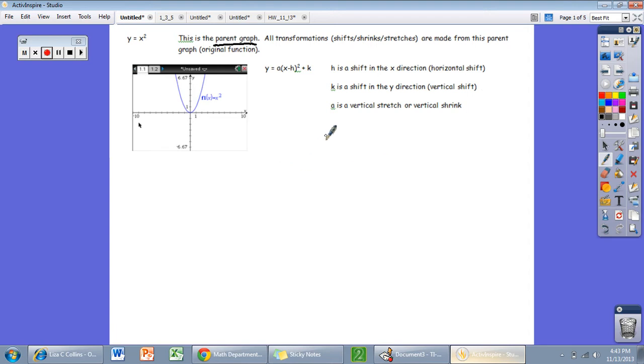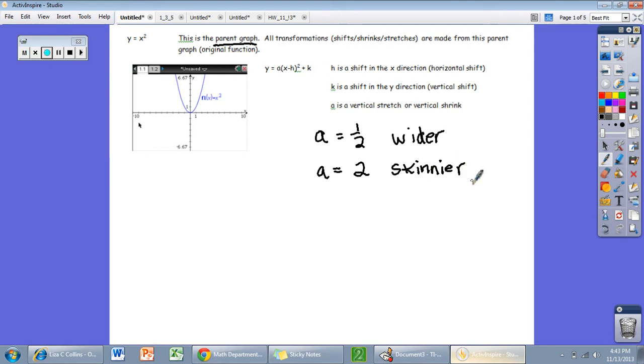So what you want to keep in mind is that if a is a fraction, like if a is equal to 1/2, then it's going to be wider. And if a is a whole number, something like 2, then it's going to get skinnier.